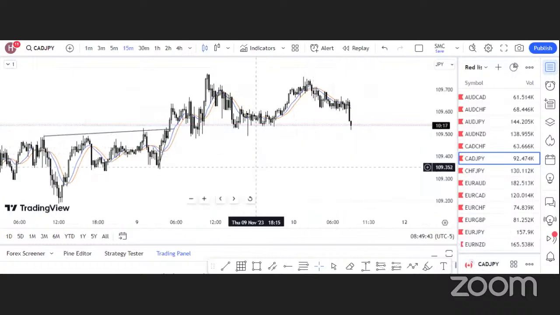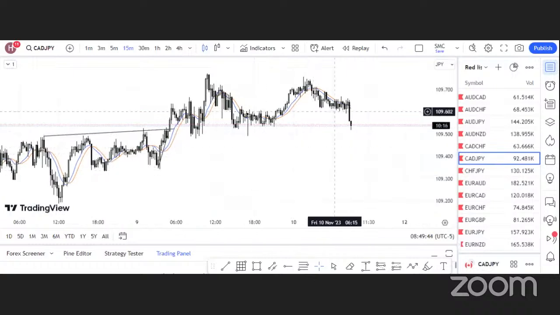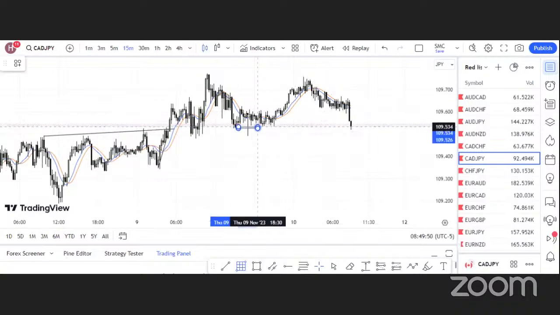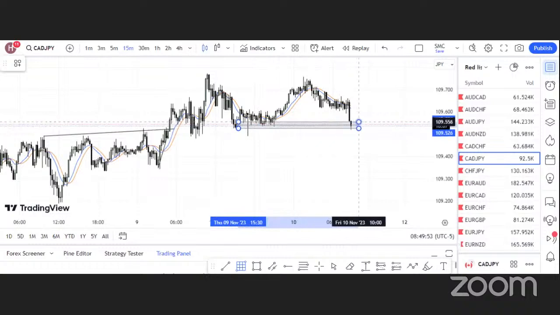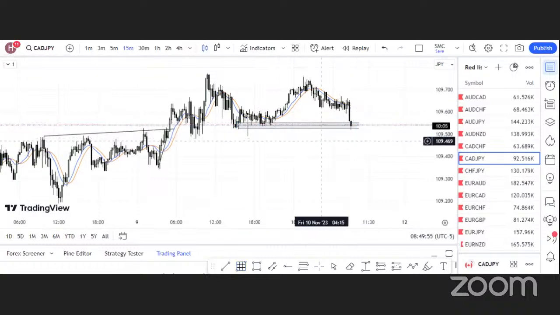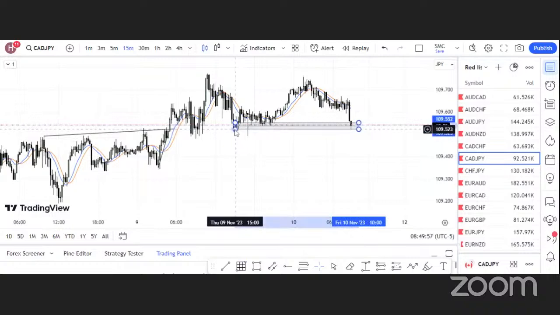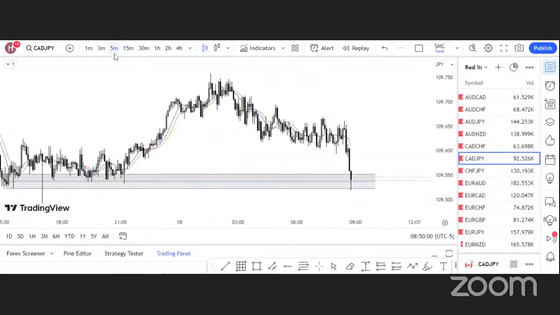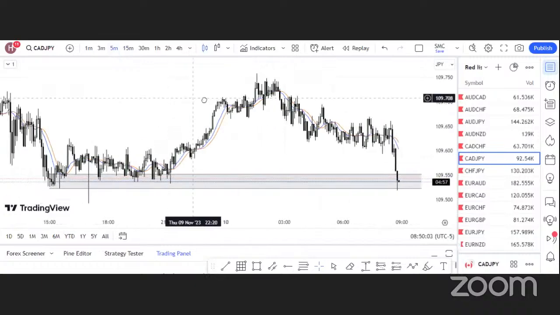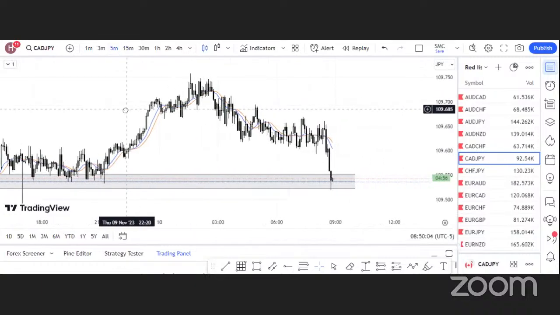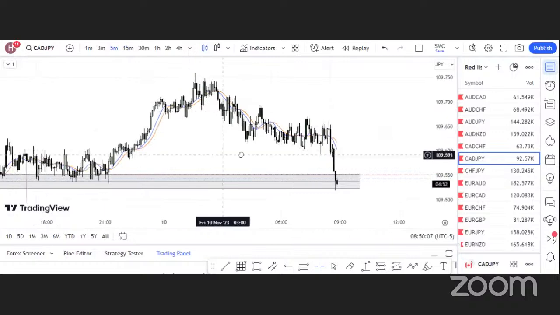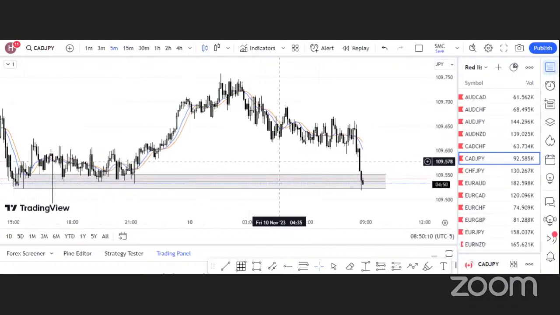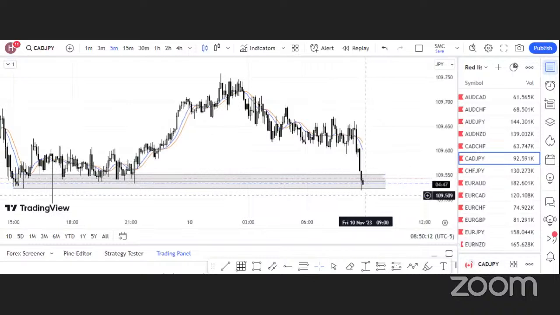Let's look for another one. Let's go to a lower time frame. So let's see if this is going to close above. If it doesn't close above, then we look for another setup.